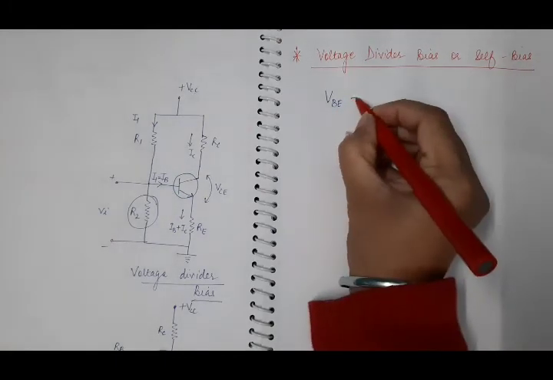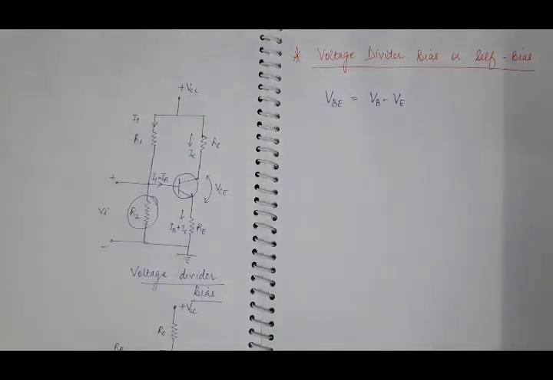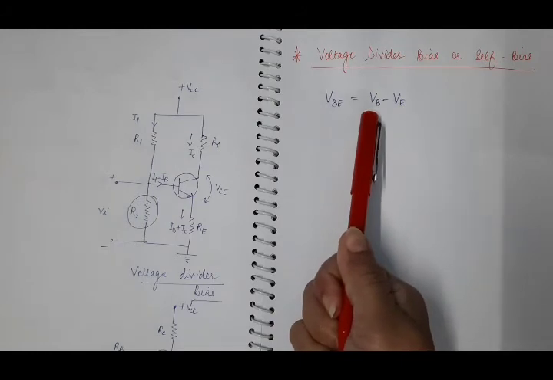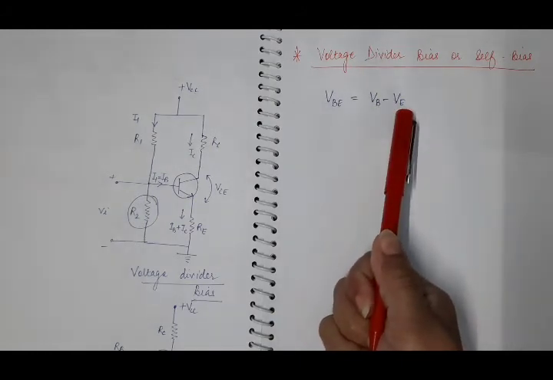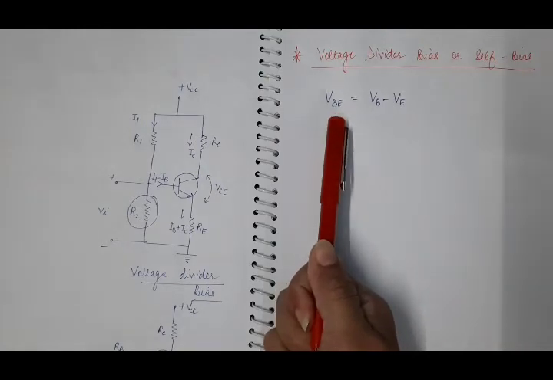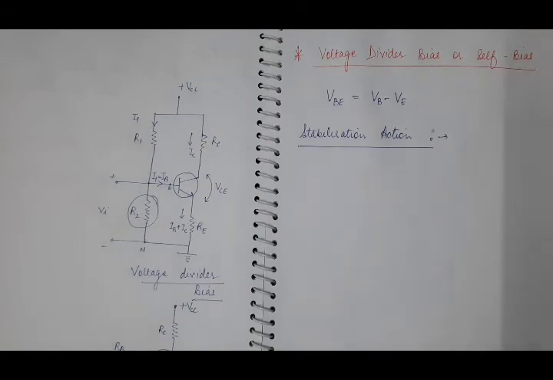So this VBE will be equal to VB minus VE. If you make this VB more positive than this VE, then this VBE will be positive. It means it will forward bias the base-emitter junction. After that, we will discuss the stabilization action.